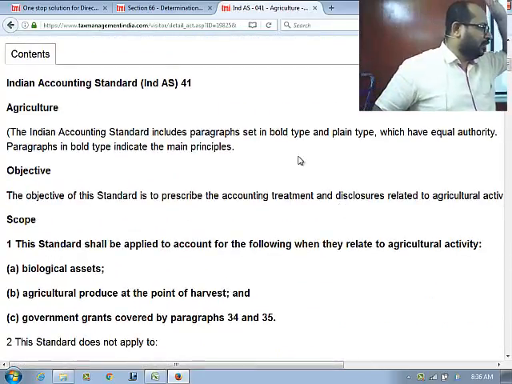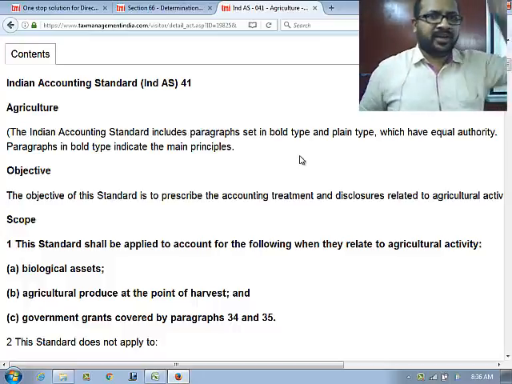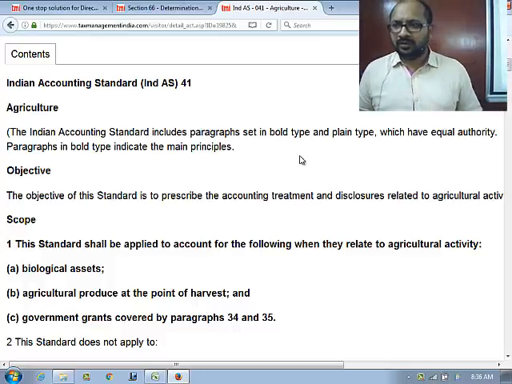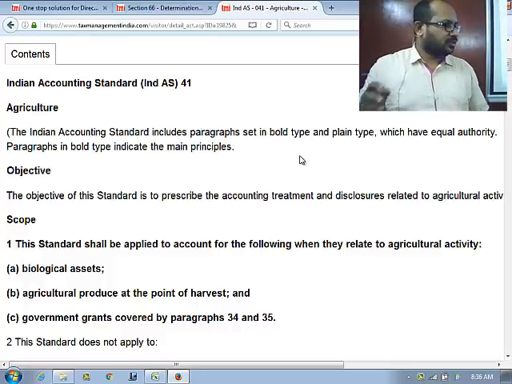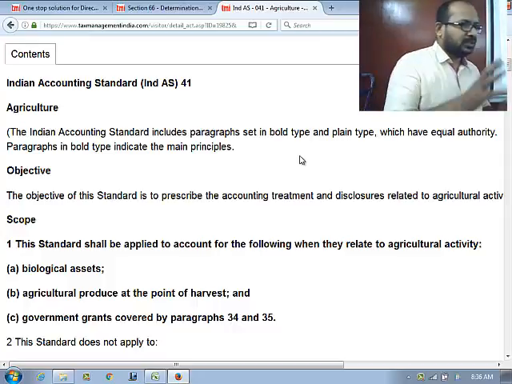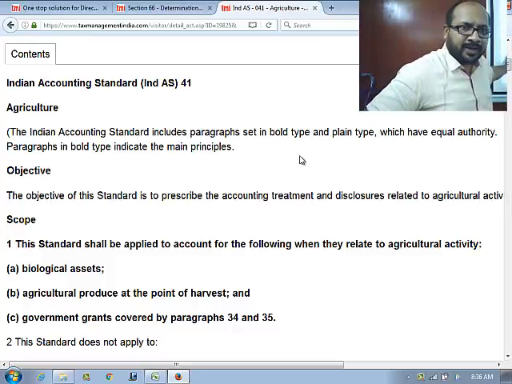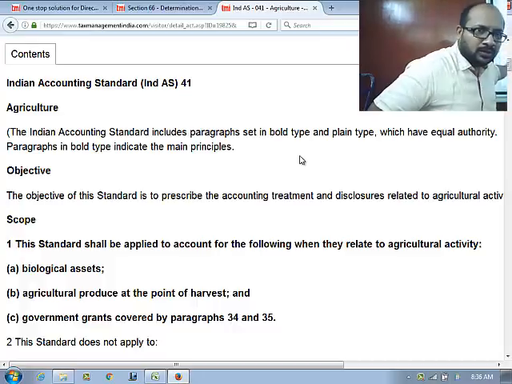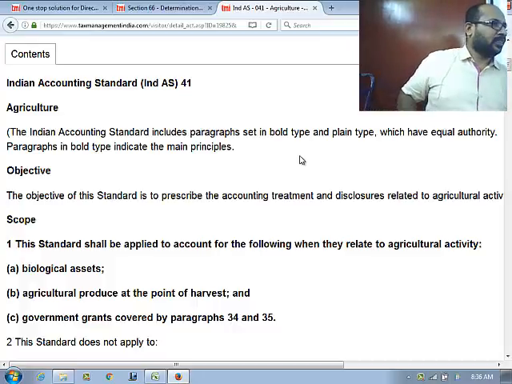When we were doing our intermediate, we had something called farm accounting in the syllabus, which in spirit is getting replicated even now in what you call agriculture.